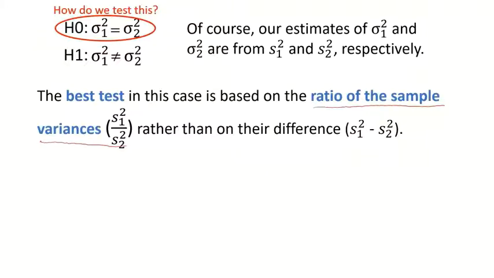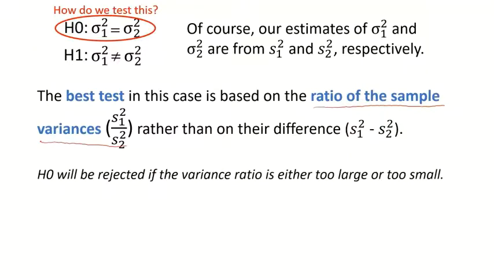And as you might have already guessed, the closer the two variances are to each other, the closer the ratio between them is going to be to 1. And the farther they are from each other, the farther the ratio is going to be from 1. So we are going to be rejecting our null hypothesis here if this ratio is too large or too small, as I mentioned, if it's too far away from 1.